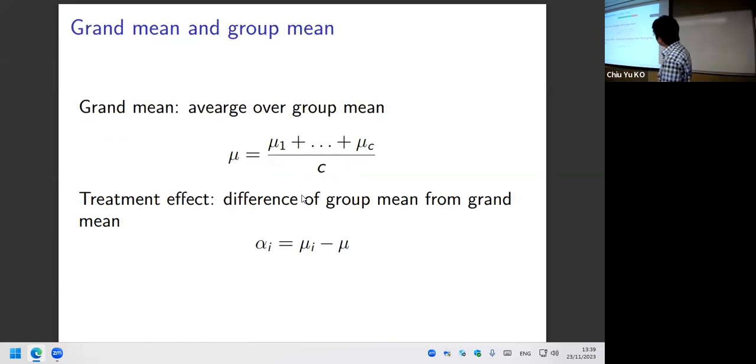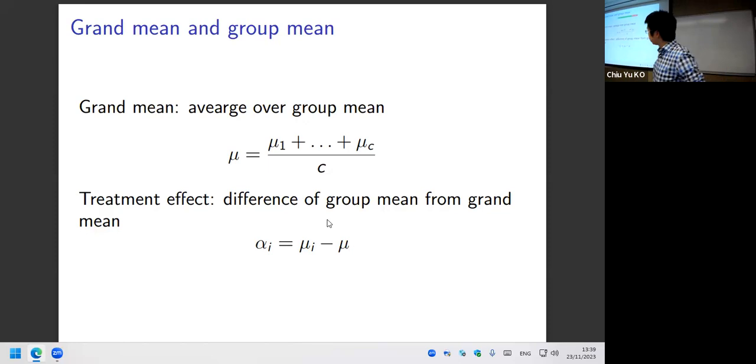And now we are going to define several things here. First is what we call the grand mean. Okay, it's the average of all the groups. And what we call the treatment effect is how the mean of each group is different from mu, right? This alpha will be 0 if there's no difference between groups.